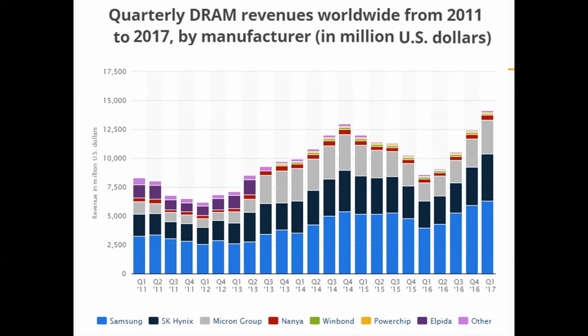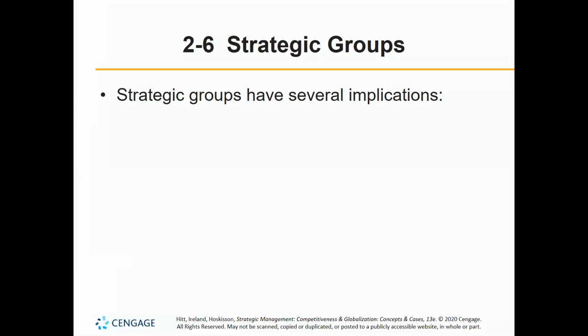This is after a little bit of that consolidation happened, and then you'll notice that during 2013, Elpida drops out, Micron gets bigger because they were able to acquire that company. So the results within each strategic group tend to be different.